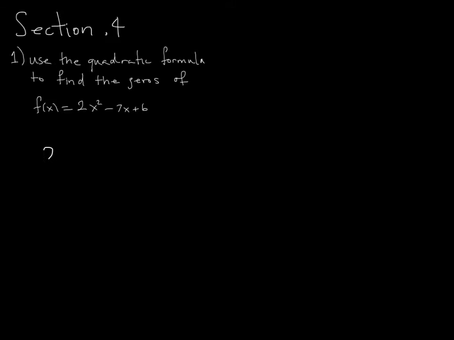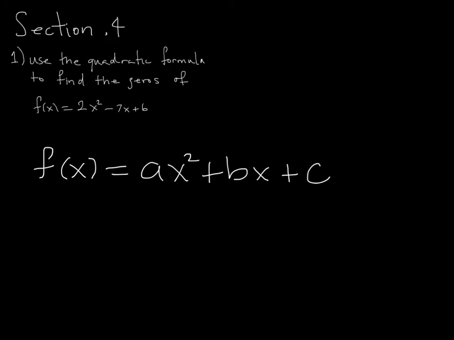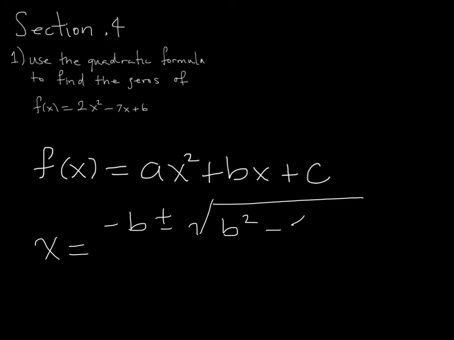When given a function of the form f of x equals ax squared plus bx plus c, where the a and the b and the c stand for constants, much like there is a 2, a negative 7, and a 6 here, then the quadratic formula says the x's should equal negative b plus or minus the square root of b squared minus 4 times a times c all over 2a.